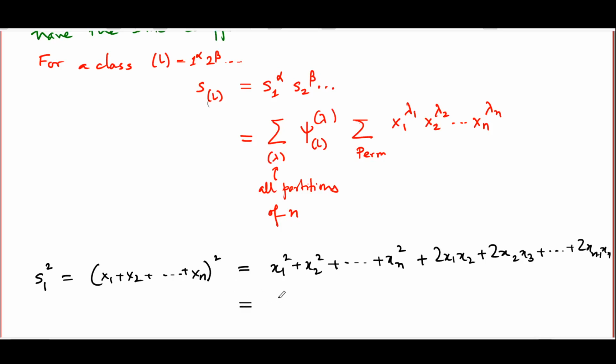But if you write this using our notation, this is going to be nothing but sum over all permutations of x1 square, because distinct permutations are going to give me x1 square to begin with, then x2 square, then x3 square, all the way up to xn square.